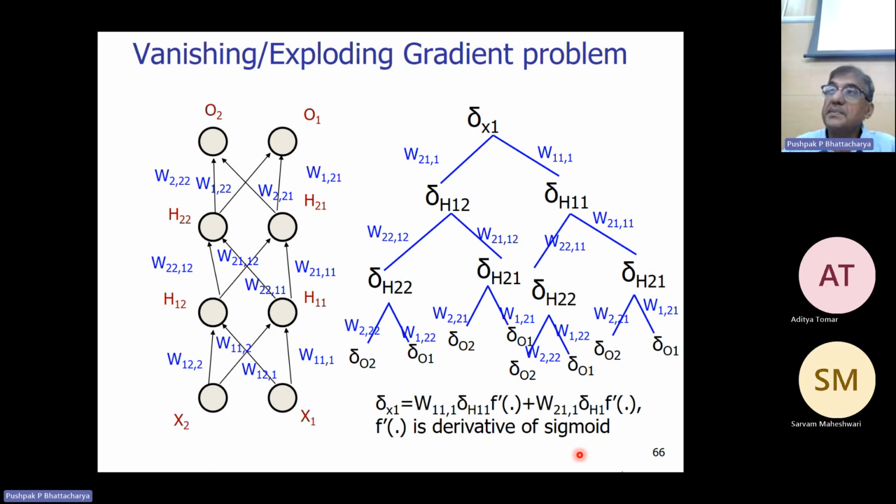How does ReLU solve this problem? ReLU's property: the derivative is either 0 or 1, nothing else. So the delta value, which is ultimately obtained at the outermost layer, either gets multiplied by 0 or gets multiplied by 1.